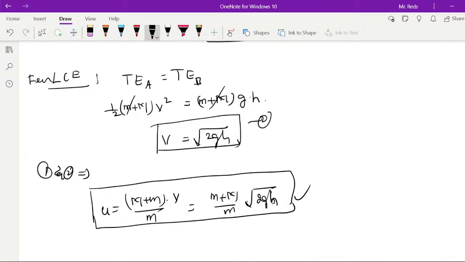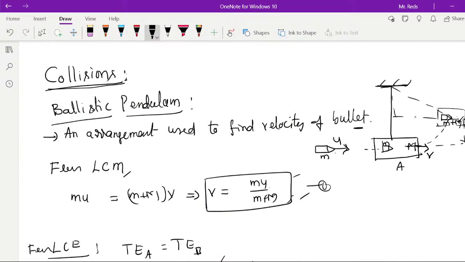with which it is fired. You can also express the height if the pendulum has a string of length L, and it is raised to some angle theta. Then H is L minus L cos theta, so H is equal to L into (1 minus cos theta).